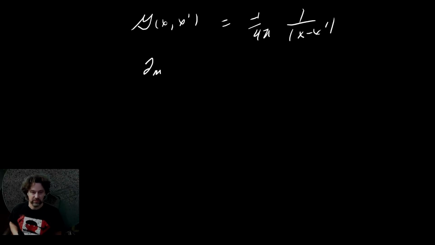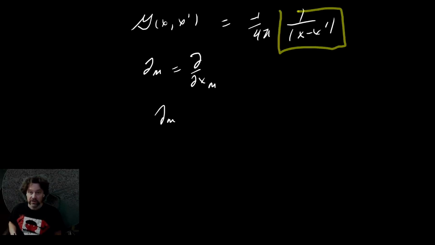So d dx_m of, and I'm going to focus here just on this term. I don't care about the minus 1 over 4 pi. We're going to find that the Laplacian of this is 0, so the Laplacian of minus 1 over 4 pi times that will also be 0. Let's go and compute that.